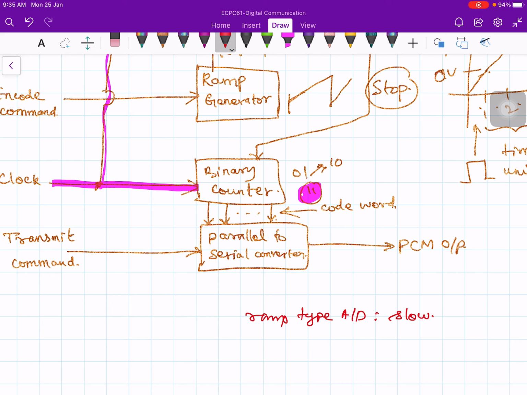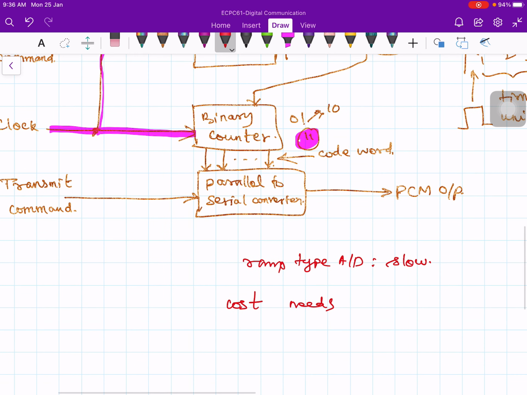Technology has made available many different kinds of A to D converters, and we will choose the most appropriate ones, both from the point of view of cost, as well as from the point of view of meeting your needs or affordability. So always it is a trade-off between cost and what you can live by.